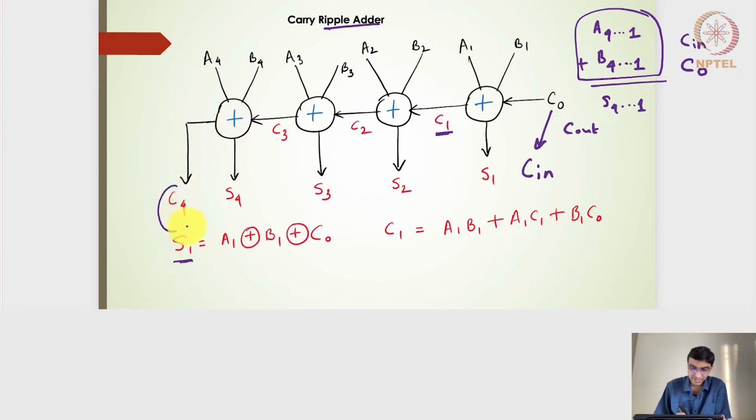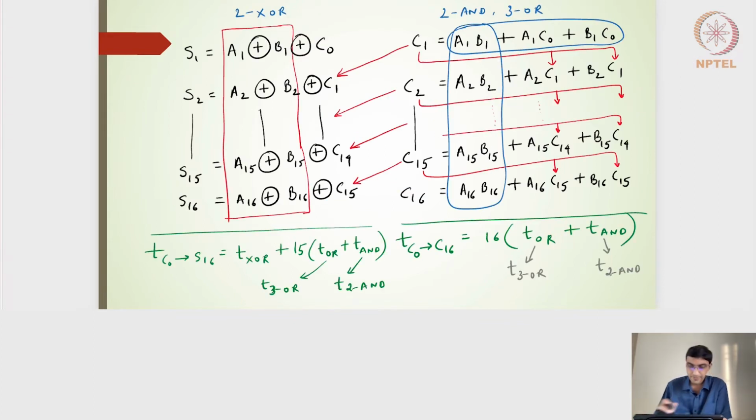Then we get C4 as the carry out of the 4-bit addition. C1 is nothing but the majority gate of A1, B1 and C0, written here as A1B1 plus A1C0 plus B1C0. Right, hope this is clear.